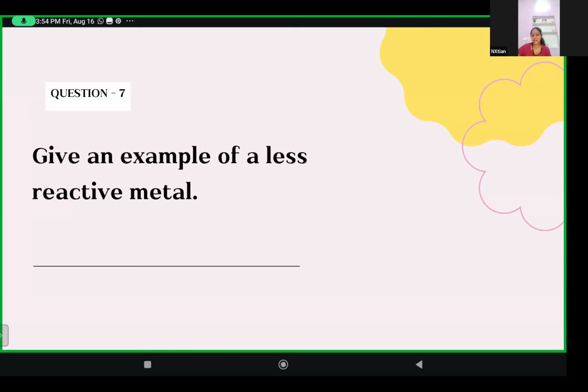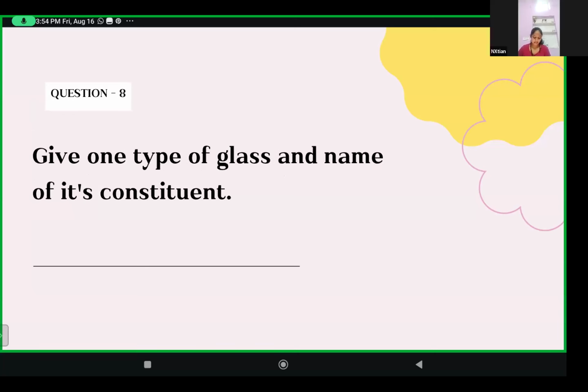Okay. The last question for Abraham is give one type of glass and name its constituent. And by constituent, what do you mean? Like in the topic of glasses, you were given various types of glasses. Then you were given one name that it is made by mixing this. So the glass you're going to tell, you will also tell it is made by mixing what?